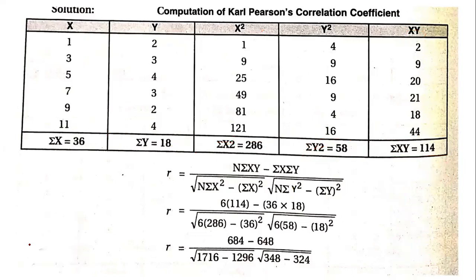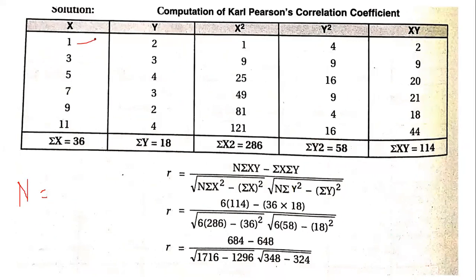Now once we finish all this tabulation in the table, let us apply the values in the formula here. So the formula stands n into sigma xy minus sigma x into sigma y whole divided by square root of n into sigma x square minus sigma x the whole square. Here we are also supposed to know what is the value of n.